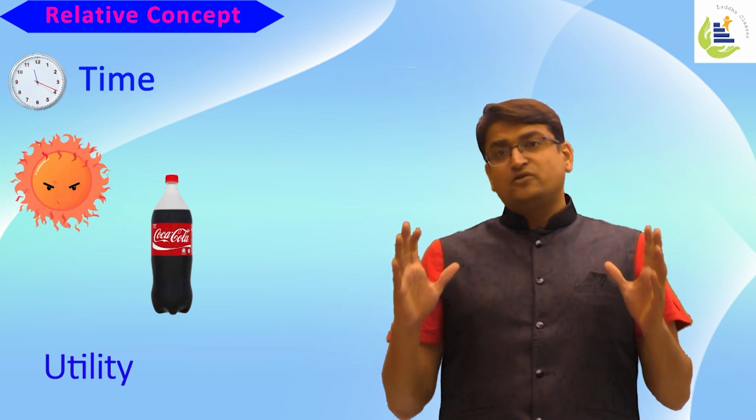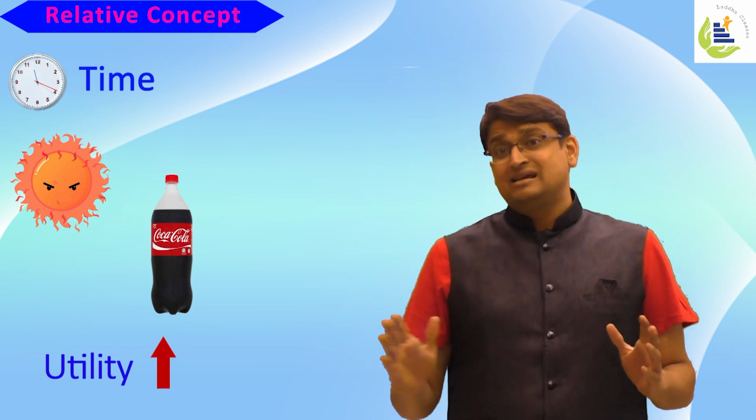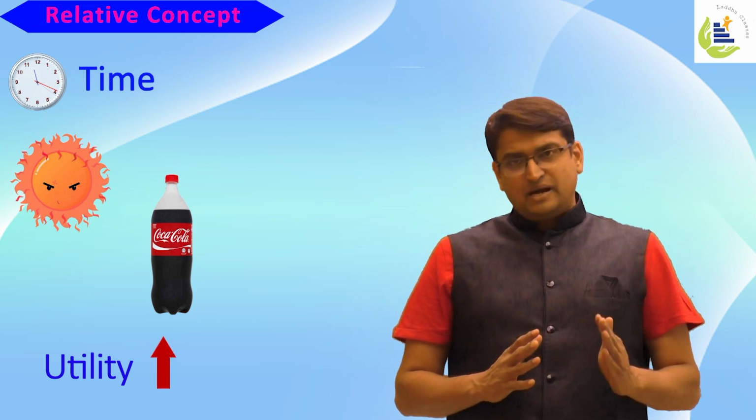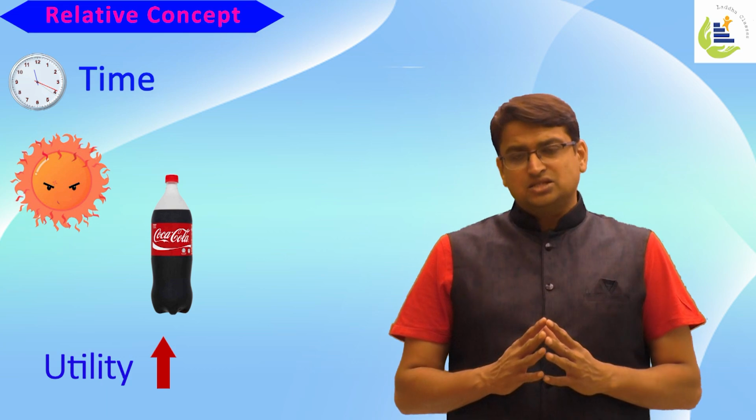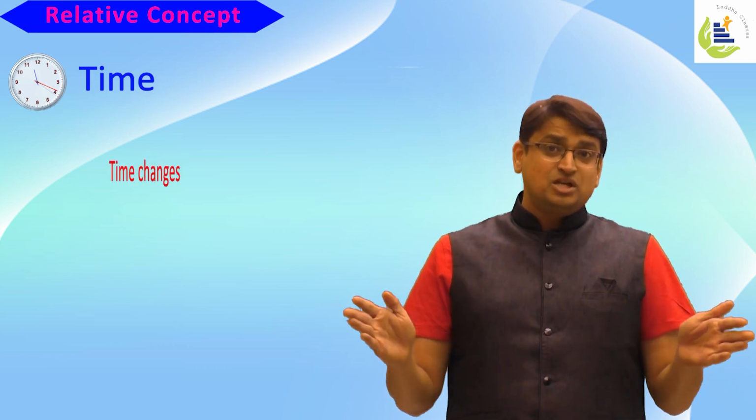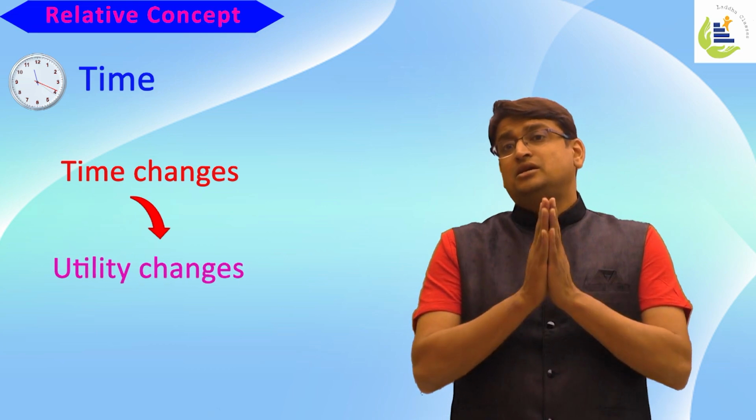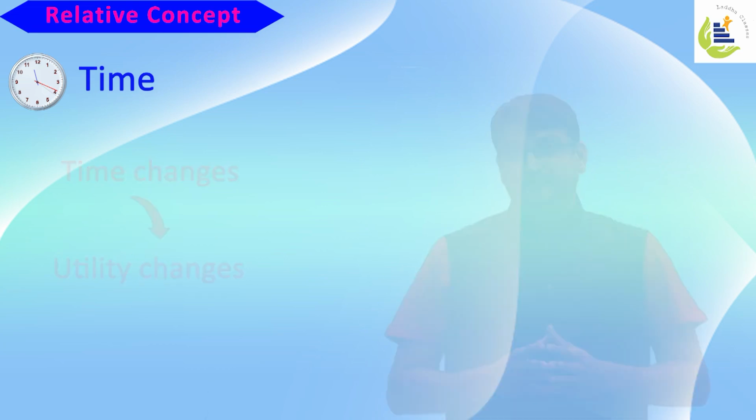So, utility of Coca-Cola is higher in summer seasons compared to other seasons. Hence, what do we understand? Utility is based on time. If time changes, there are likely chances that there are changes in utility of a commodity.